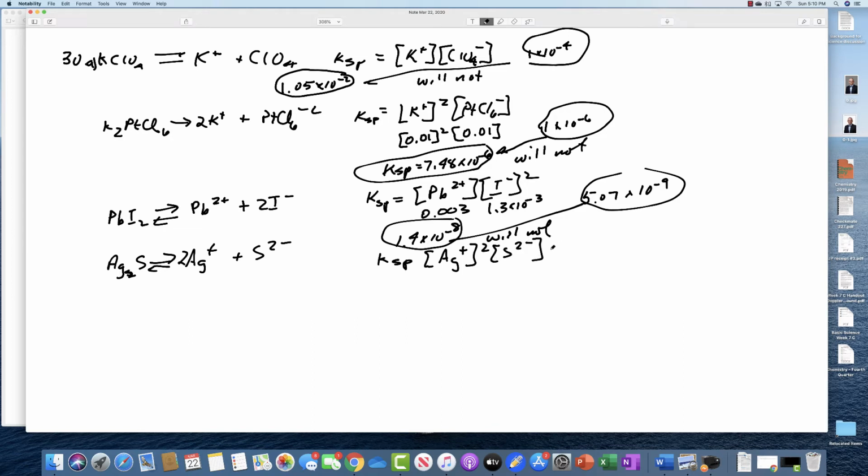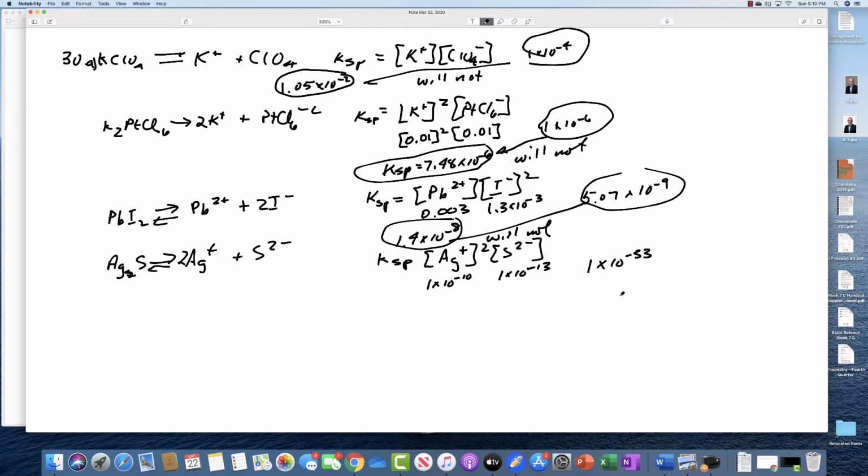And the concentrations now are 1 times 10 to the minus 10 and 1 times 10 to the minus 13. If you square this, it's 1 times 10 to the minus 20. Multiplied by that, it's 1 times 10 to the minus 33.